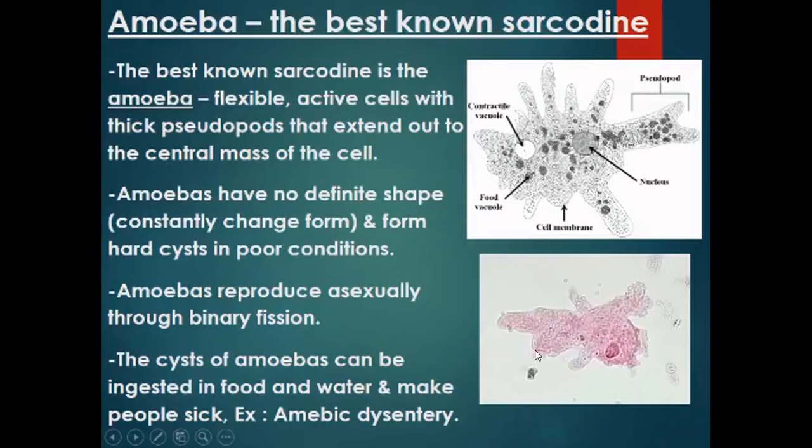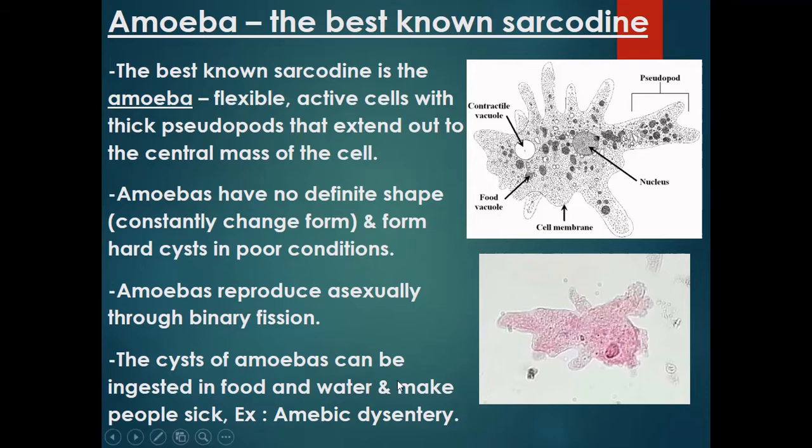Then we have here a thin membrane called the cell membrane. And those patches, those dots, are the food vacuoles. So the nucleus is visible in a simple dye during microscopy. This could cause amoebic dysentery if you are infected.